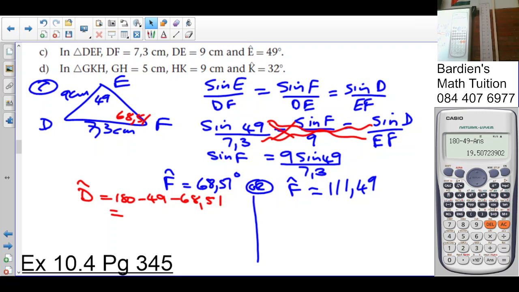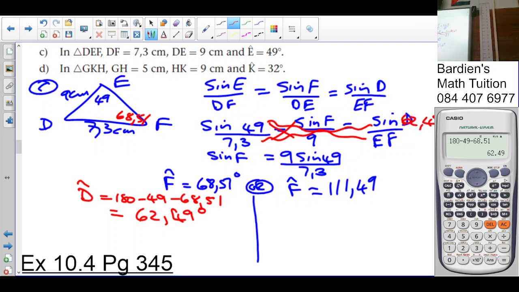I said 180 minus 49 minus the answer. Oh, I see. In actual fact I was working down this branch here. Okay, sorry about that. So that's going to give you 68.51, so it gives you 62.49 degrees for D.